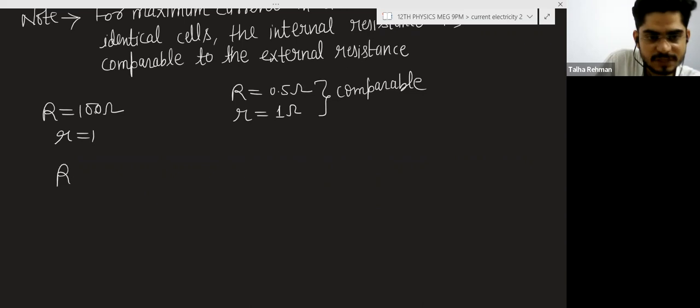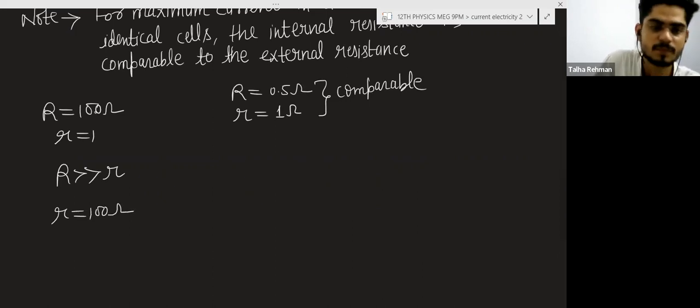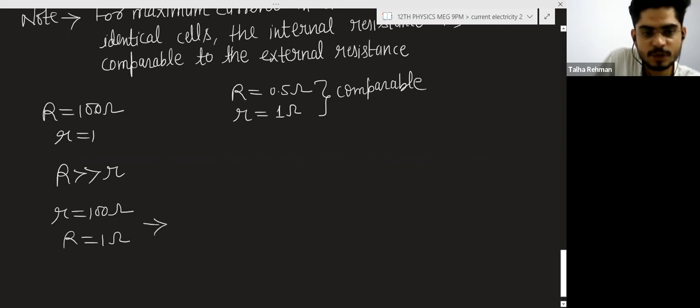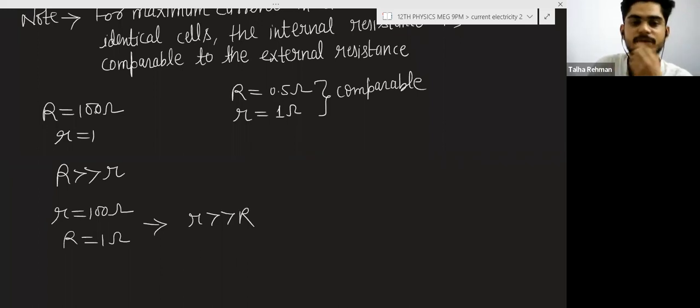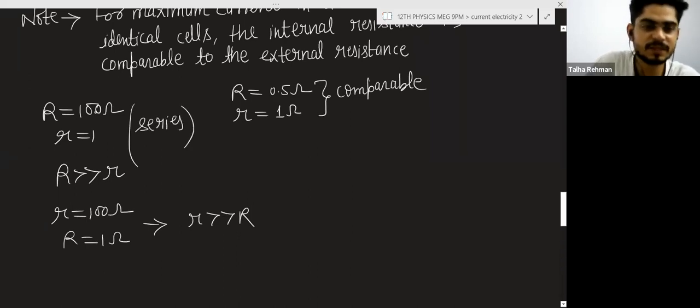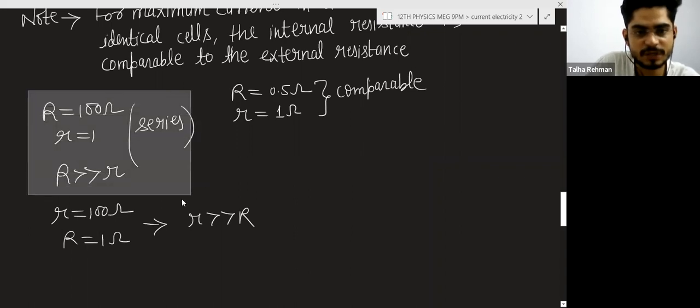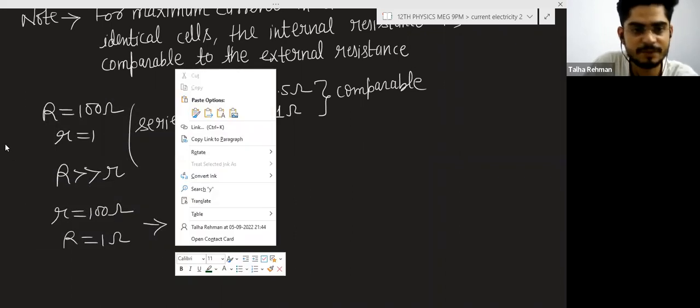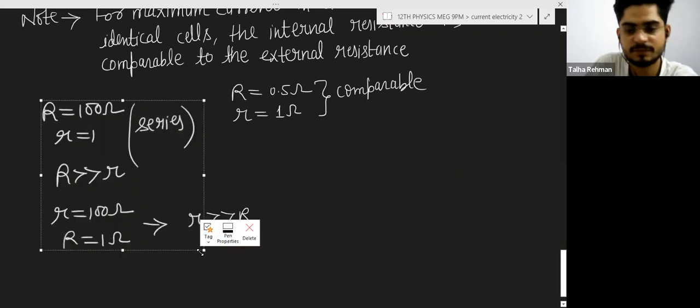In this case, you will say capital R is much greater than small r. If this is the case, then you will prefer the series combination. We will discuss this in the question, so I am not discussing this here.